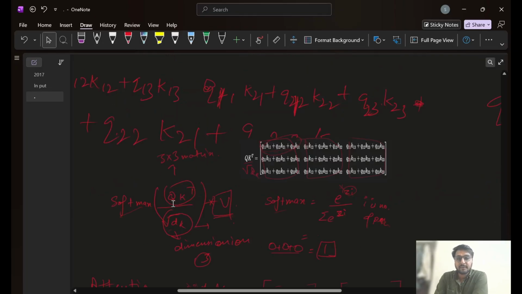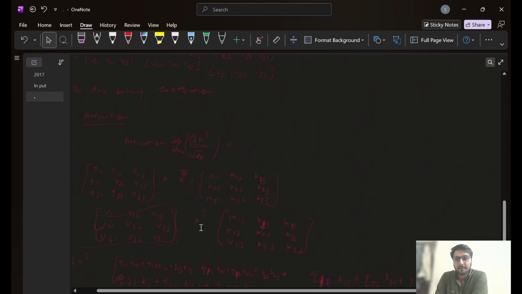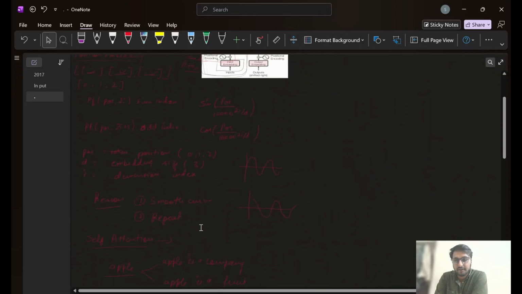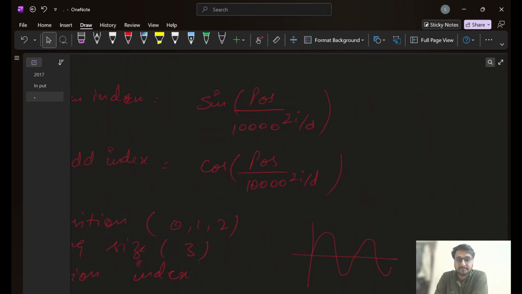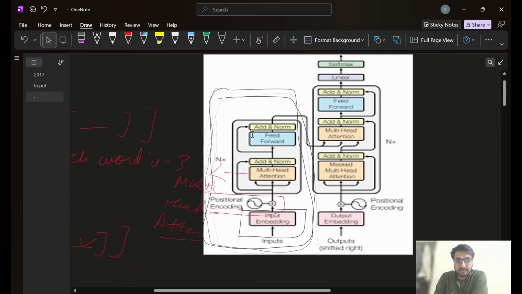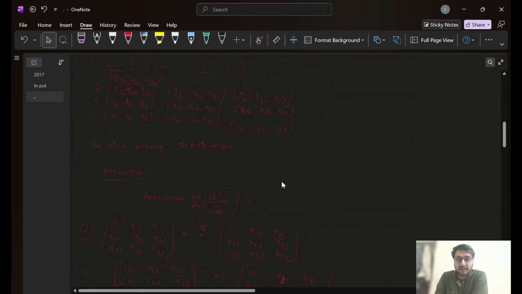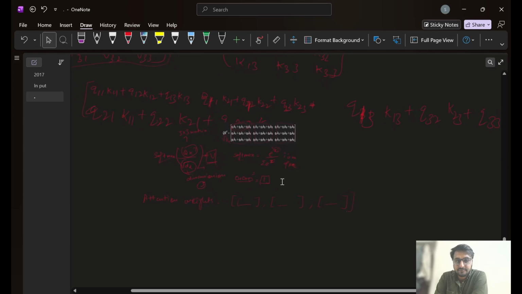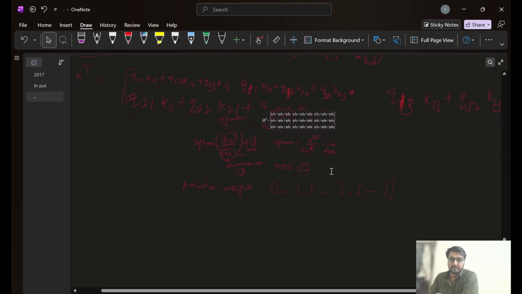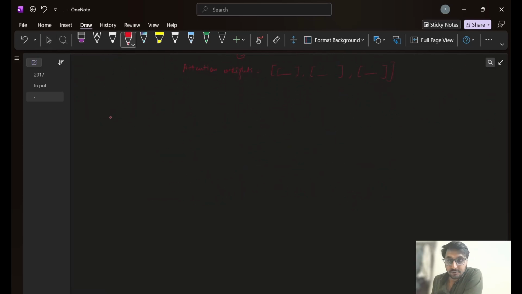Okay, so now let me tell you two or three more interesting facts about self attention. Now, multi-head attention. So here we got the three vectors. Now why did we say it is self attention?